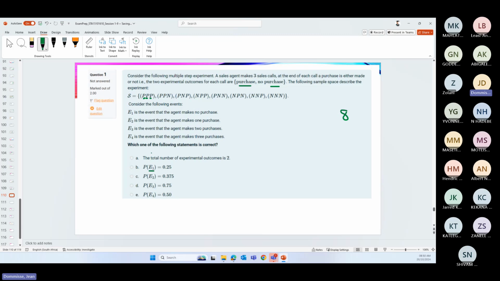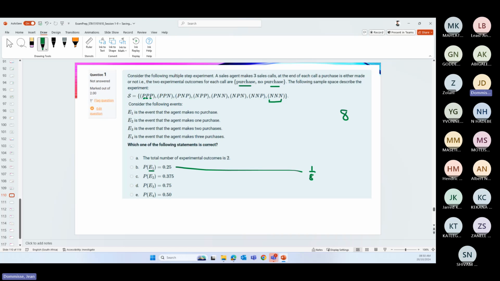No purchase. There's a purchase, there's one, there's a purchase. So there's at least one purchase. There's only one outcome or event that has no purchase. So the probability of no purchase is 1/8.